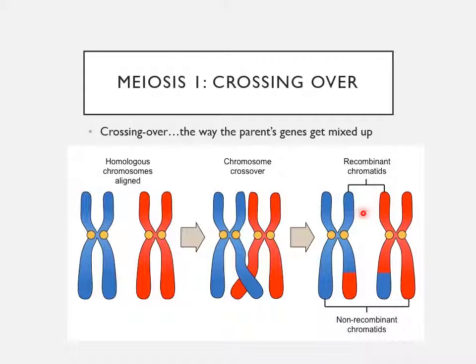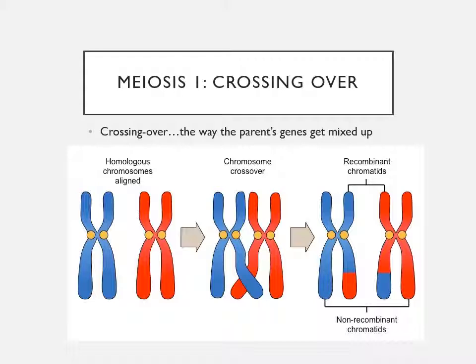So if you look at this chromatid right here, they call that a recombinant chromatid, and that's because it's been recombined. It has bits of DNA from the mom and the dad chromosome. This one over here did not get mixed up with the other chromosome. It has DNA still just from dad, so it's considered a non-recombinant chromatid.